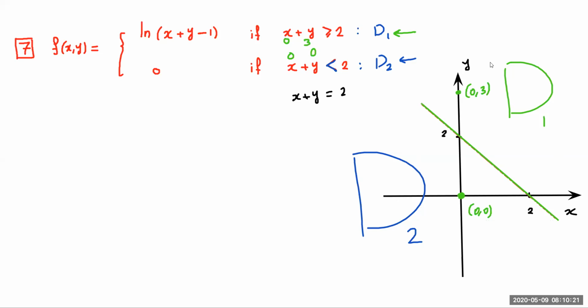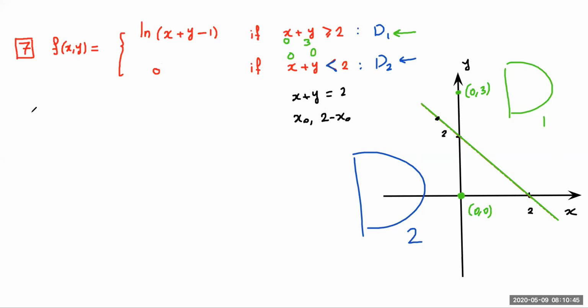Now let's solve the exercise. Let's take any point here on this line. So the coordinates of this point will be (x0, 2 minus x0), instead of (x0, y0).